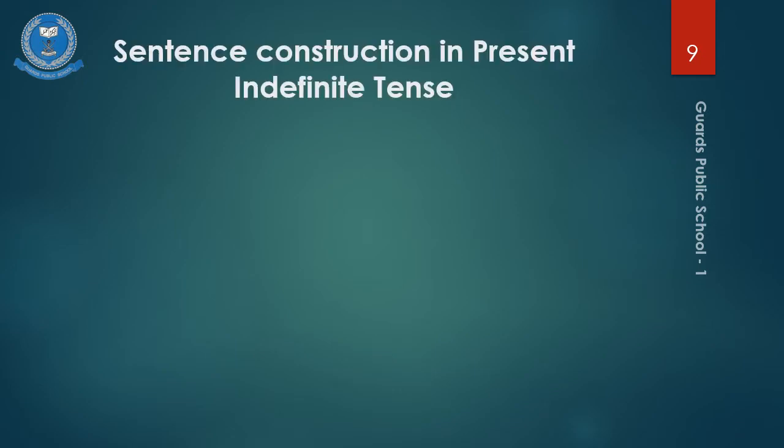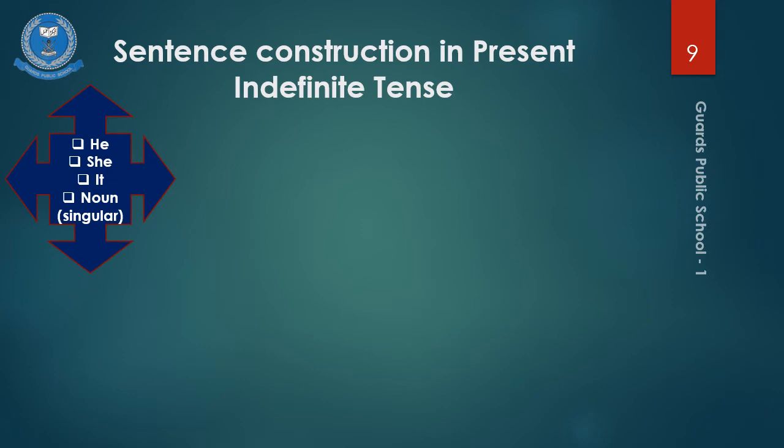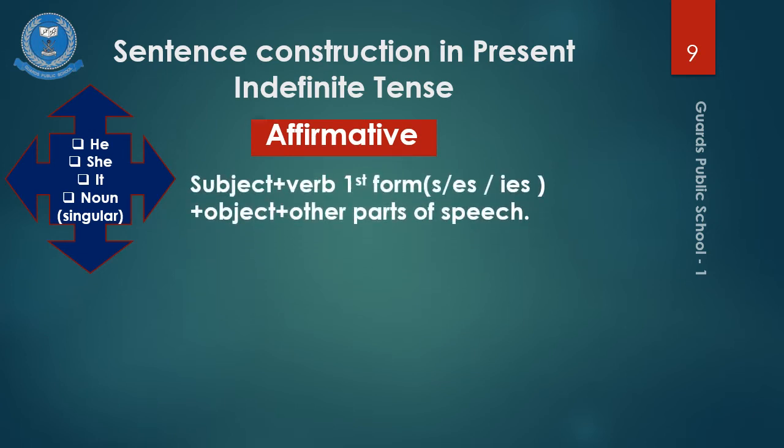The second sentence structure is about he, she, it, and singular noun. So, in this case, in affirmative sentence, we use the first form of verb with s, es, ies after the subject. Then we add object and other parts of speech.